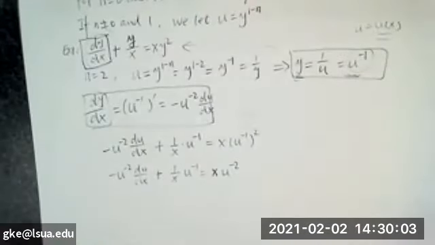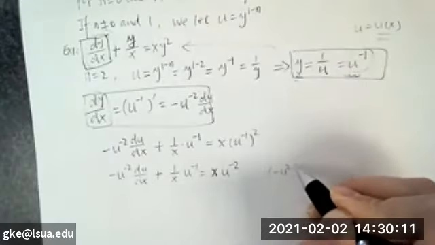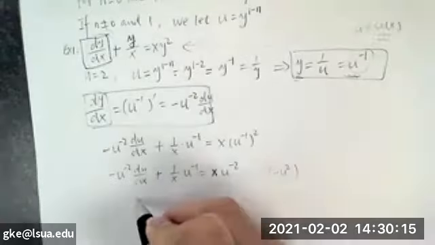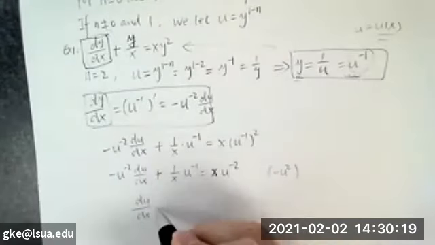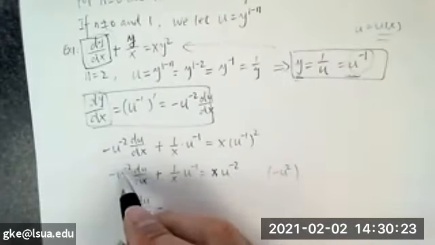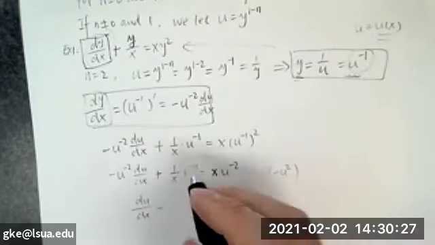Now we multiply this equation by negative u squared, and negative u squared times this gives du over dx. Negative and positive, and u to the power negative 2 times u squared gives u to the power 0, which is 1.